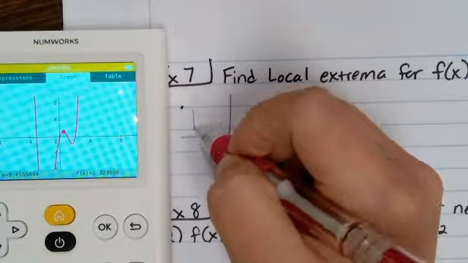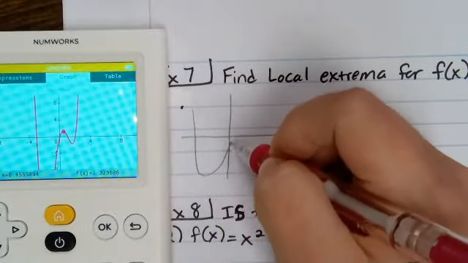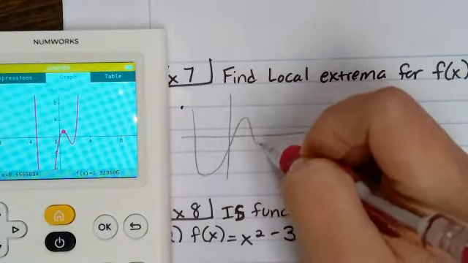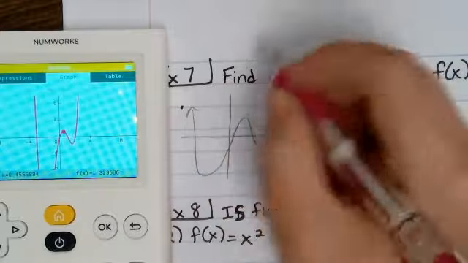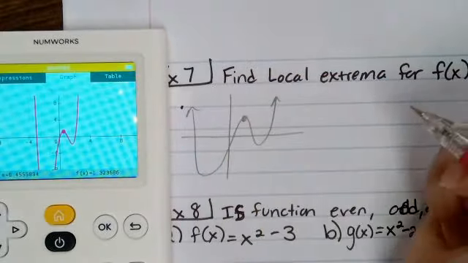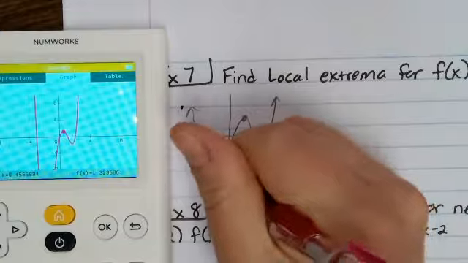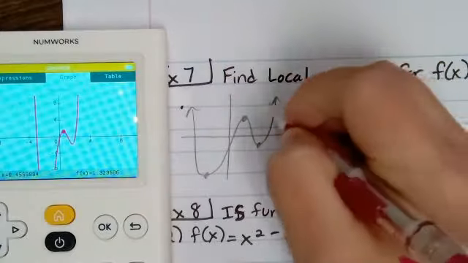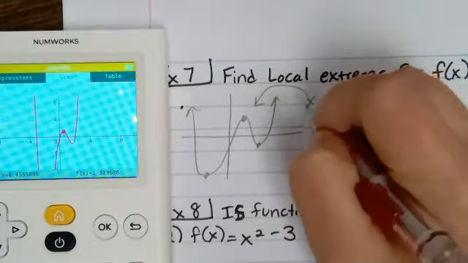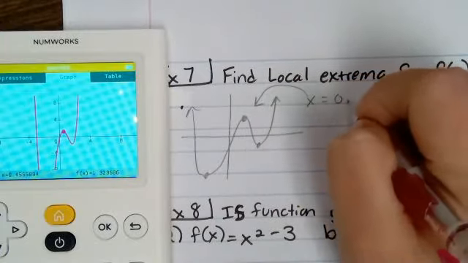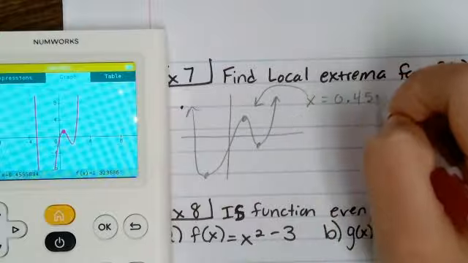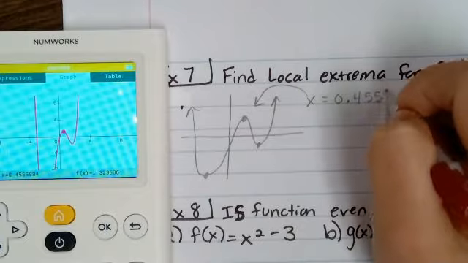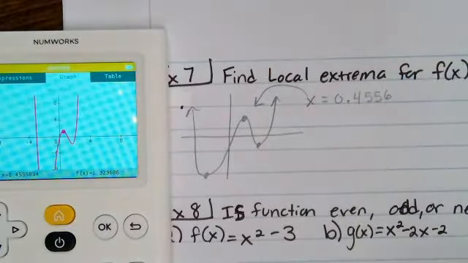So down here there's a turning point, like that, kind of. This point would be considered a maximum. We also have two minimums, those little turning points. For this maximum, my x is 0.455, 556.